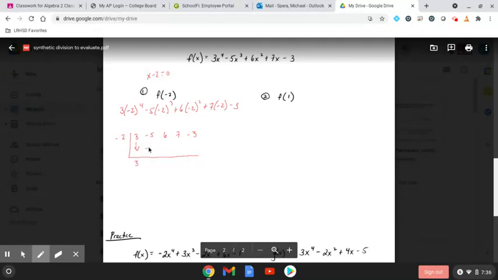We get -6. We get -11. We get 22. Remember, synthetic division means you're multiplying, adding, multiplying, adding. And when I say add, I mean combine the column, combine like terms.